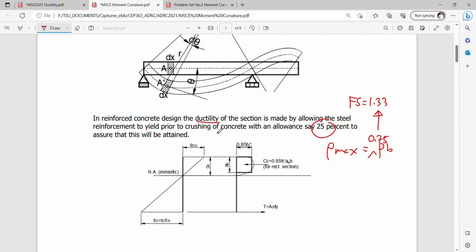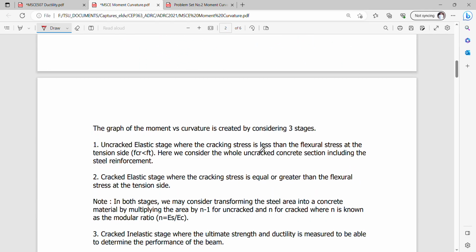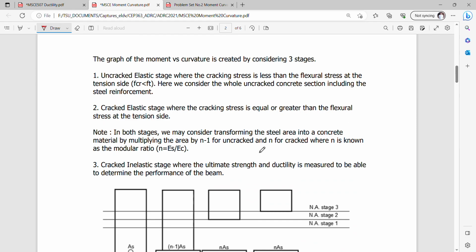So from this figure, we can come up with some equations, considering the three stages of beam behavior, starting from the uncracked elastic stage, the cracked elastic stage, and the cracked inelastic stage.